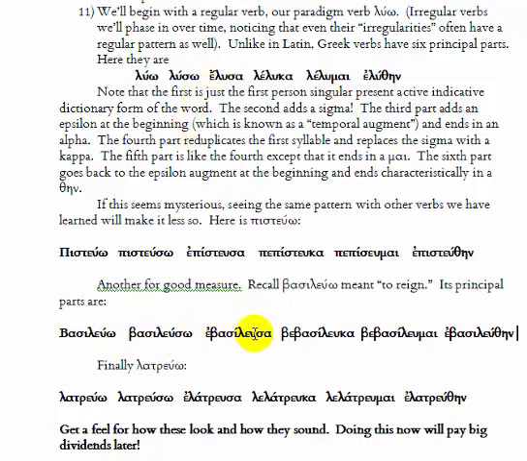Ebasilusa, just like elusa, epistusa. Bebasiluka, see the reduplication there again, and the kappa. And bebasilumai, ebasiluthane. You get the idea?